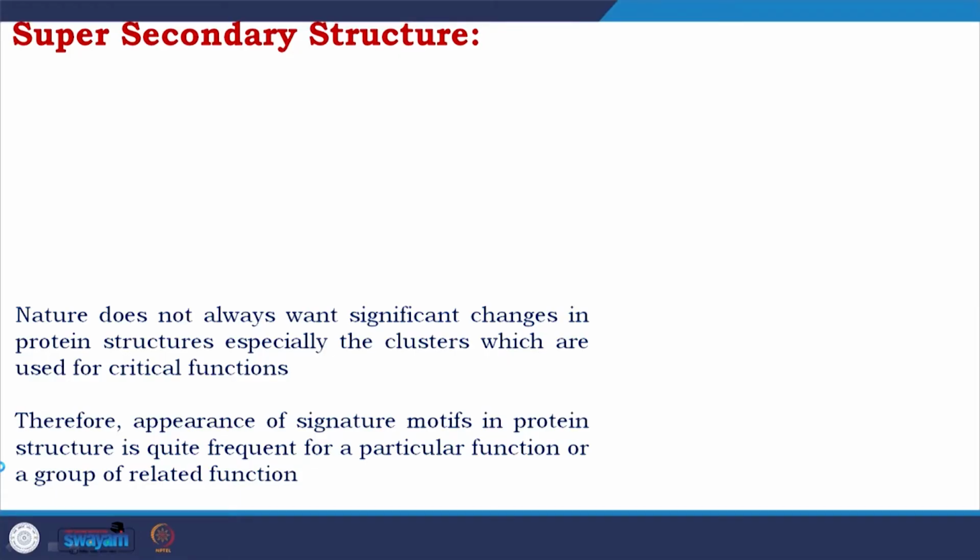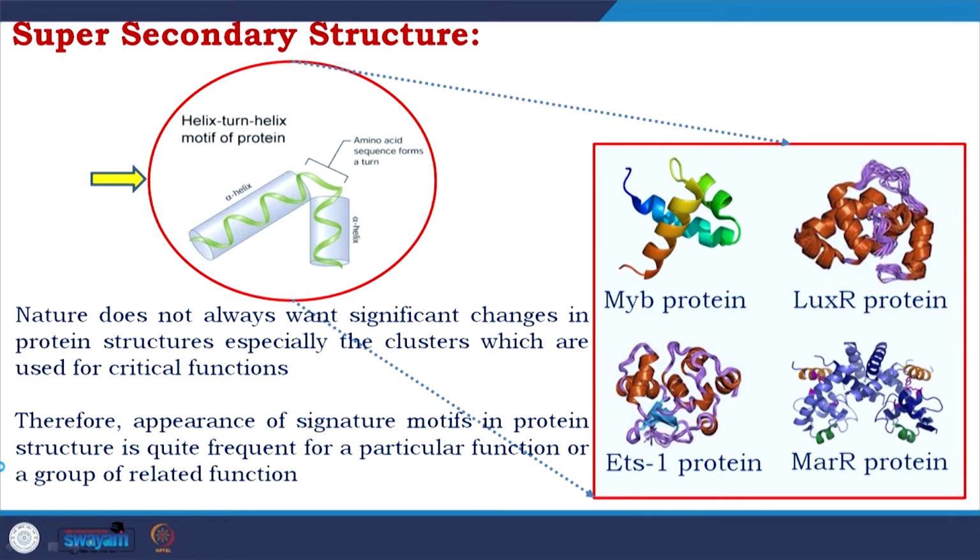So, therefore, appearance of signature motif in protein structure is quite frequent for a particular function or a group of related function. How wonderful! Taking an example, helix turn helix is a very common motif, and you see that in MIP protein, in Luxor protein, in ETS1 protein, in MARR protein, everywhere you could see the presence of helix turn helix. So, that is what nature's intelligence is.